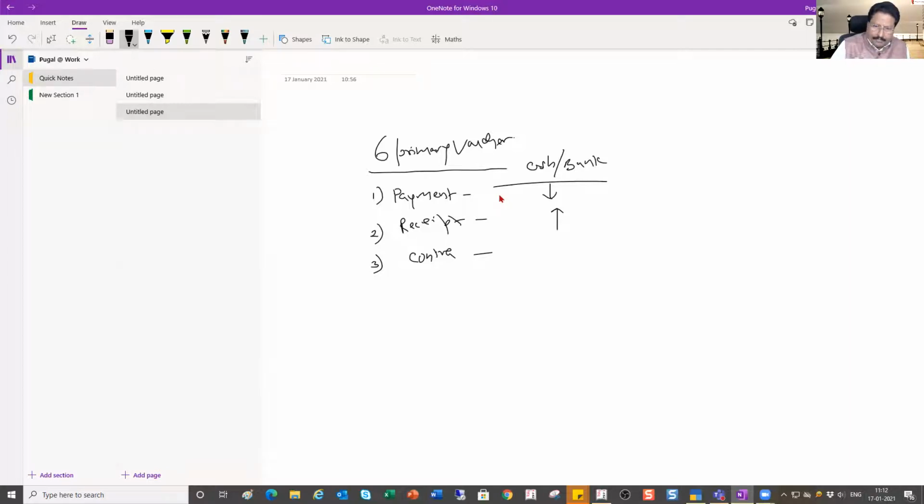Under what instance does this kind of transaction happen in the organization? Whenever the company is depositing cash into the bank, or when the company needs cash for day-to-day operation and there is no cash balance left, they need to withdraw cash from the bank. So money from your cash account is going into the bank account. Overall, by depositing cash into the bank, is there a decrease in the funds of your organization?